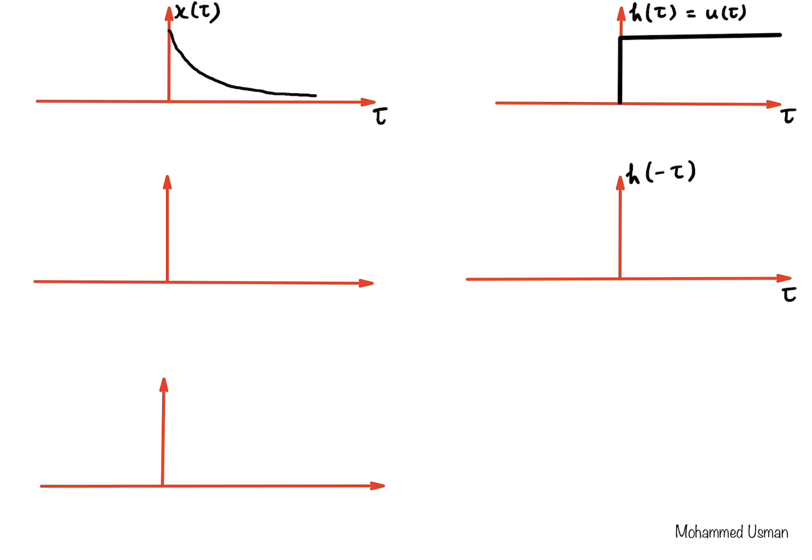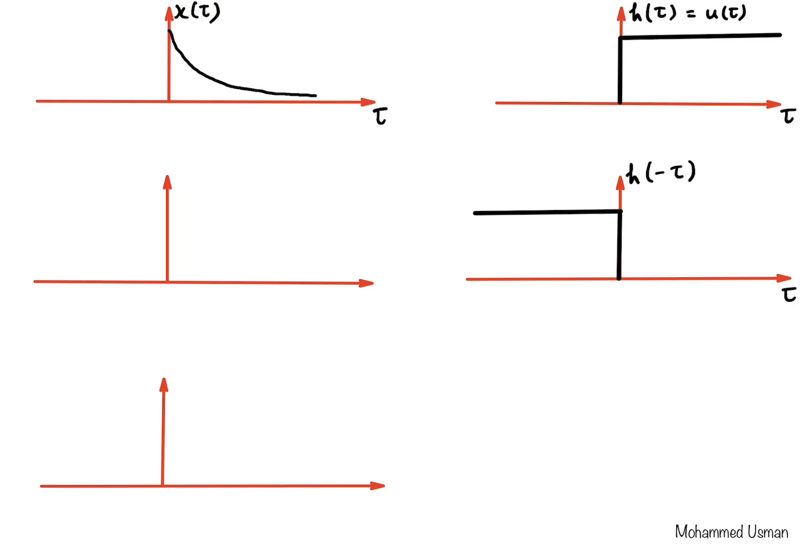And as we have discussed previously, time reversal is basically rotating this x-axis by 180 degrees. So it's like looking at this signal from behind the screen. So that will give us h of minus tau to be like this. Okay, so that's our h of minus tau.